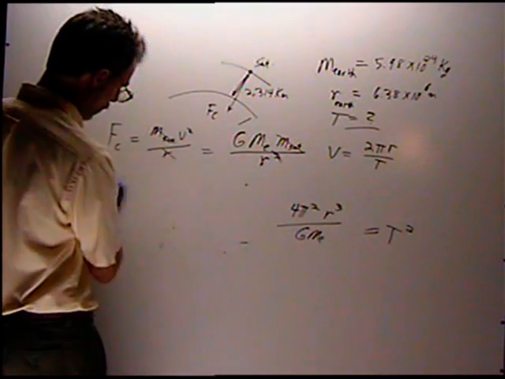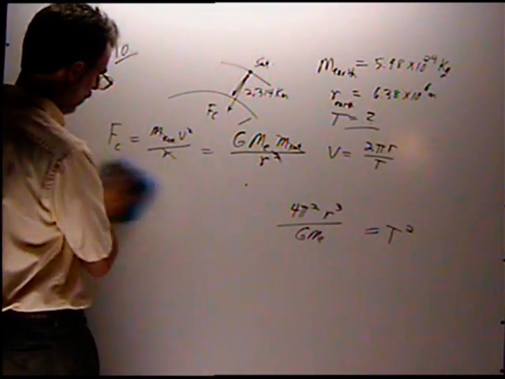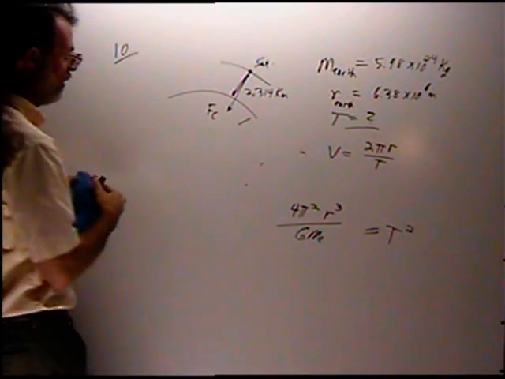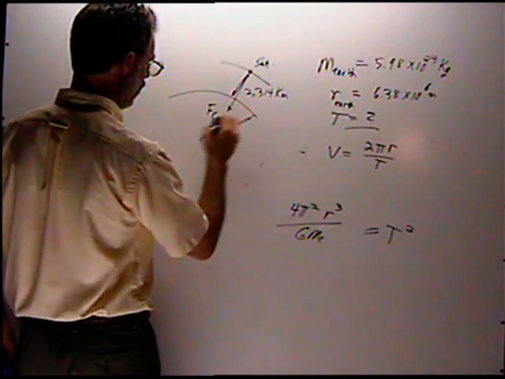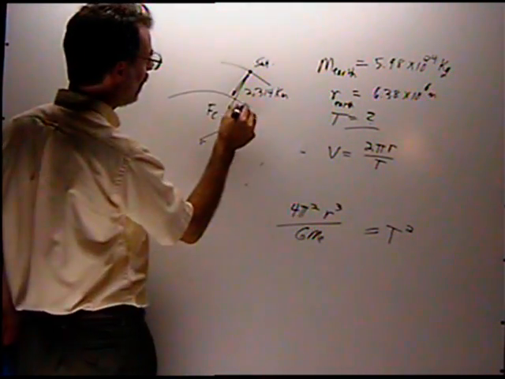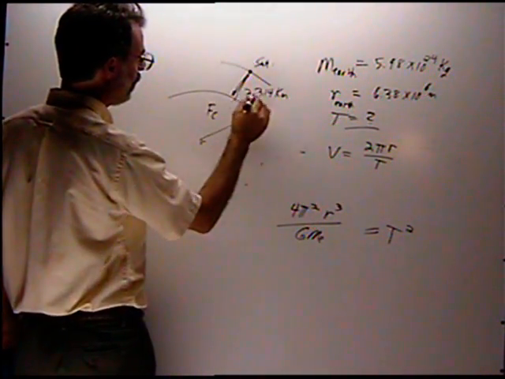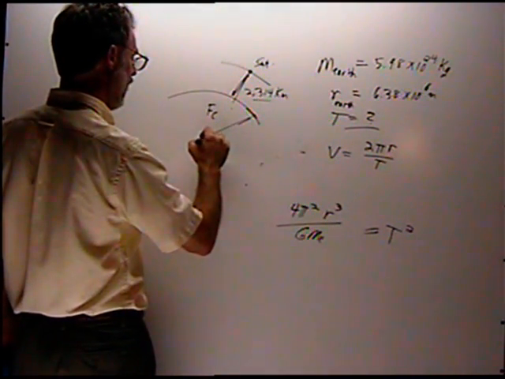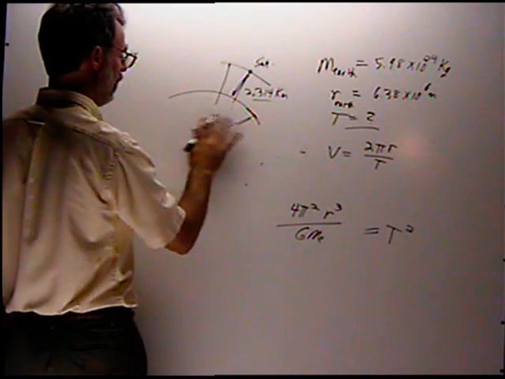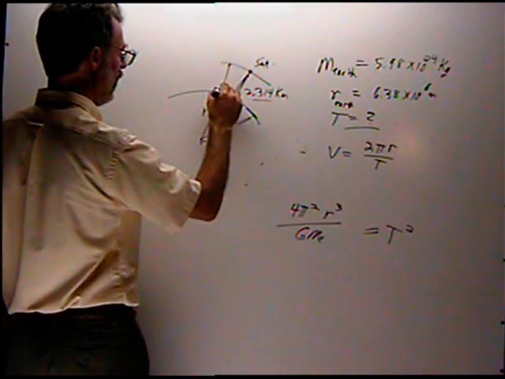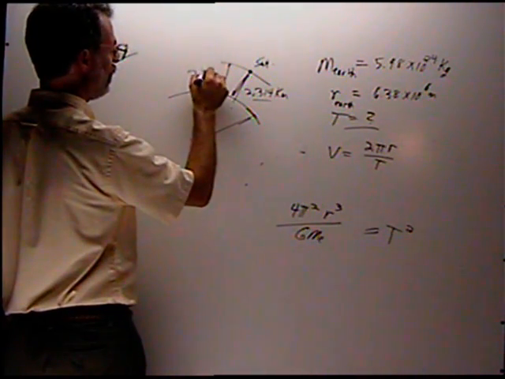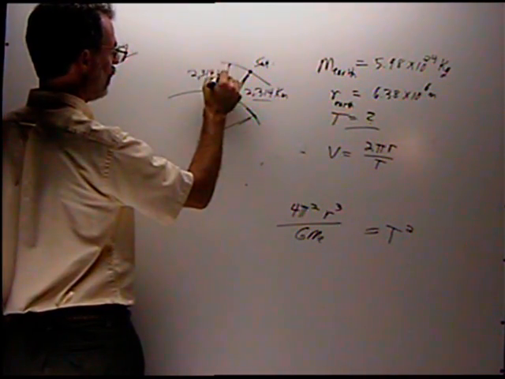Now, notice, however, we have to be a little careful here, because the radius of the Earth is only out to here. We have this altitude here also. So basically, the radius all the way to here is the radius of the Earth plus the altitude of 2,314 kilometers. That's kilometers.